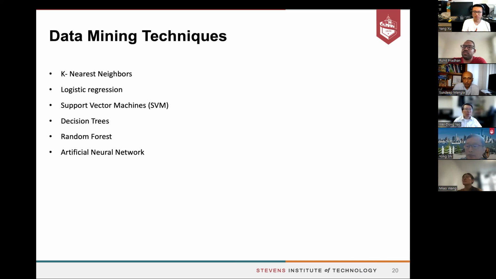As I said in the introduction, these are the most used, so I can go through these first. So Rohit, how do you decide which one to use? When we clean our data, we just apply all the algorithms mentioned on the slide. These are used for classification.